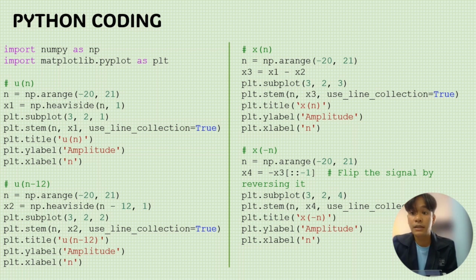The third subplot shows the difference between u[n] and u[n-12], resulting in a signal that is 1 for n from 0 until 12 and 0 otherwise. The next subplot shows the negation of the signal from the third subplot, effectively flipping it.